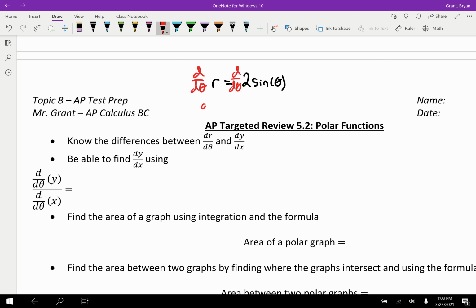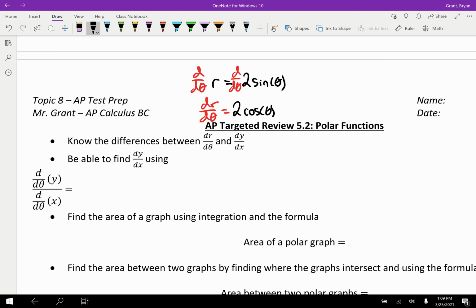Can we see that this left side becomes dr d theta? And the right side isn't bad because everything is already in terms of theta. It'd be 2 cosine of theta, technically times the derivative of the inside, but d theta of theta is just 1. So that's it. When they ask for dr d theta, they just mean take the derivative of your original equation with respect to theta, which is just like an original derivative.